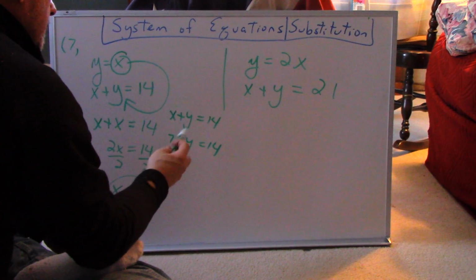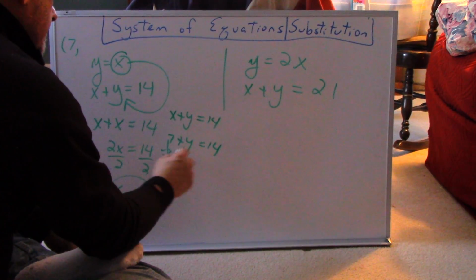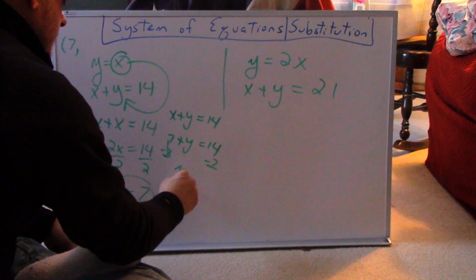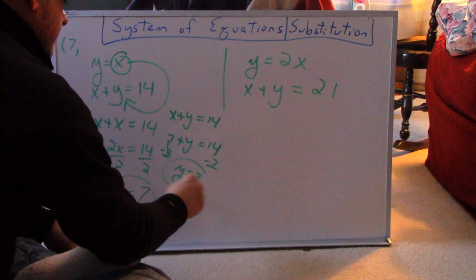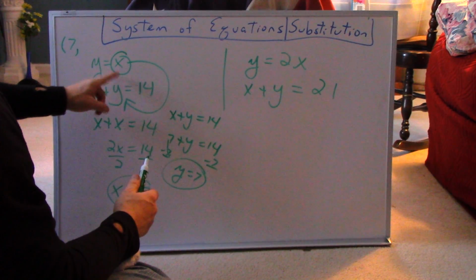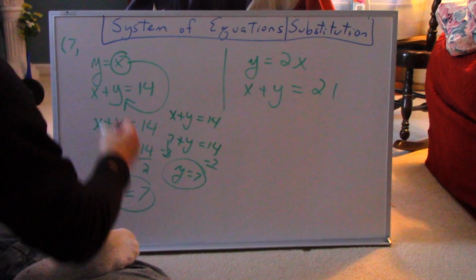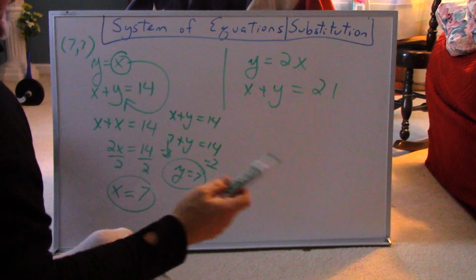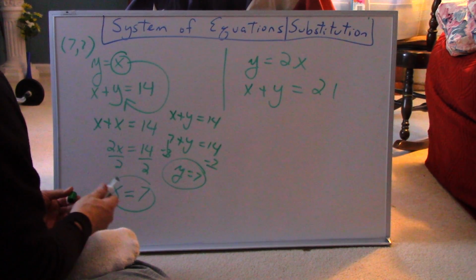And then we just go minus 7, y is 7. Guess what, though? If x is 7, I could have just put it here and y is 7, so that's even easier. So the point is 7, 7. That was easy.